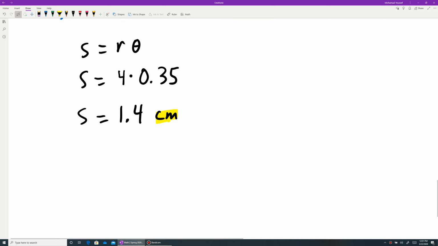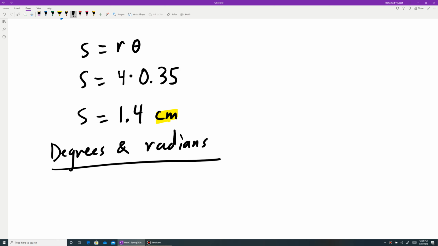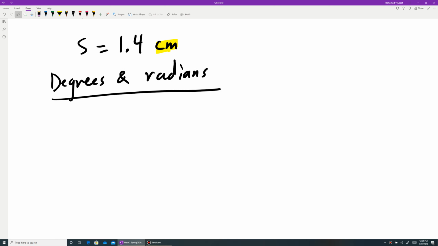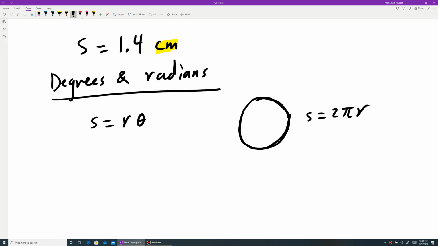Now, what's the relation between degrees and radians? If we take the formula we had earlier, S equals r theta, we know the length of the entire circle, the circumference, is 2 pi r, where r is the radius.